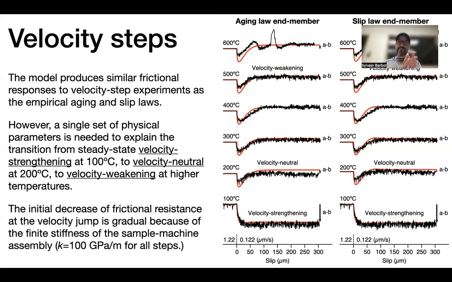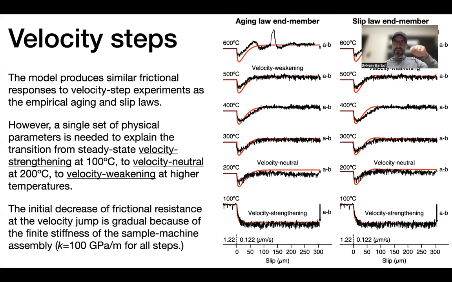And so we can do this for the aging law member or the slip law member. Essentially, if the empirical model of rate and state friction can fit the data, the physical model can as well, except that it can fit the data in other conditions. Notice that the direct effect is smooth in these experiments.